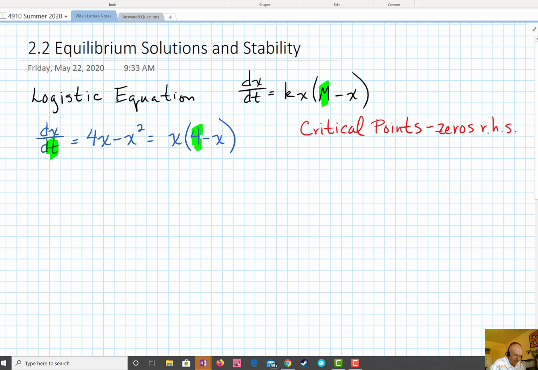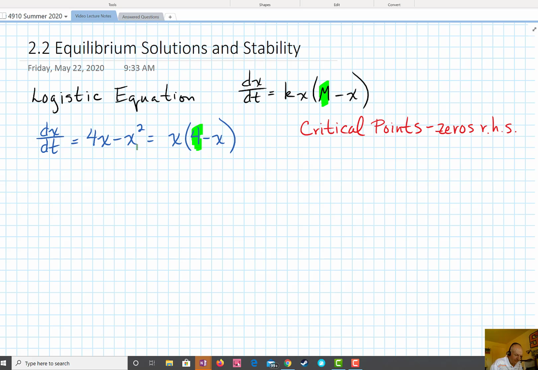But notice, what makes them autonomous is that t does not show up in any of the terms. So you don't have a plus 6t or a 4xt. There are no t's over here. So that's what makes it autonomous. And those are the kind of equations that we have this discussion about with critical points and later with equilibrium solutions and things like that.